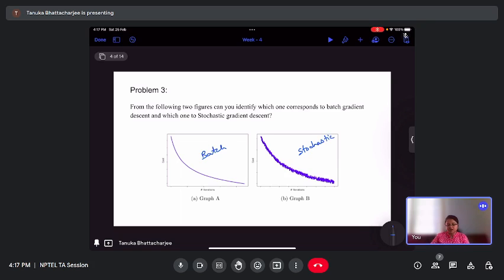So, the thing is, when you are updating just with one sample, your loss varies a lot. The jitteriness that you are seeing in the curve comes because you are updating just with one sample. So, let us say you are at some iteration, somewhere here, this is your loss. Now, you are just taking one of the training samples and you are updating the weight vector just based on that sample's cost.